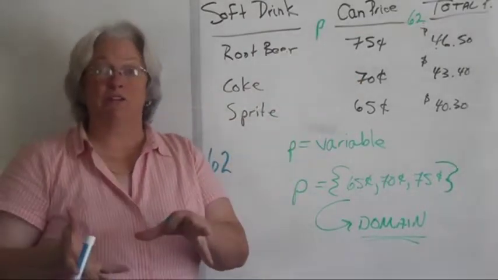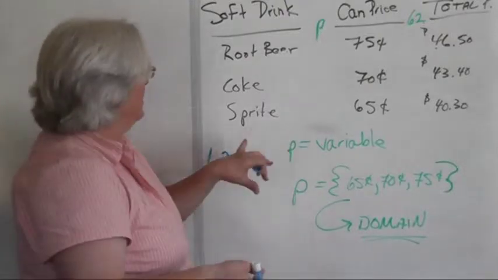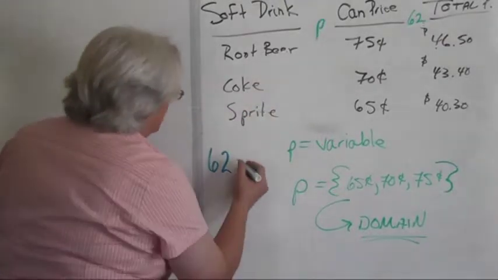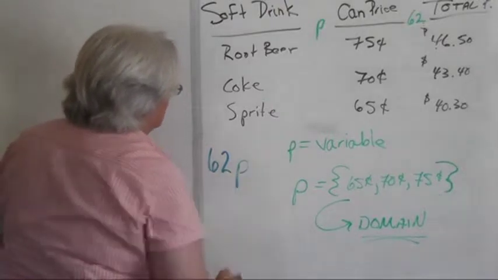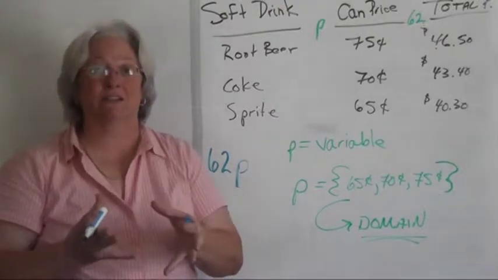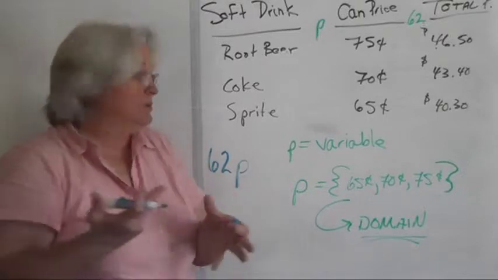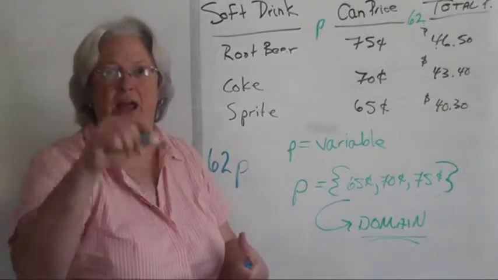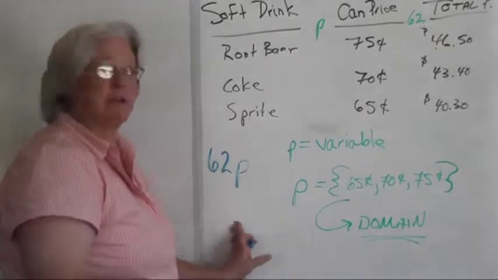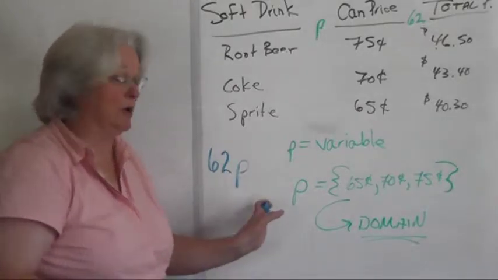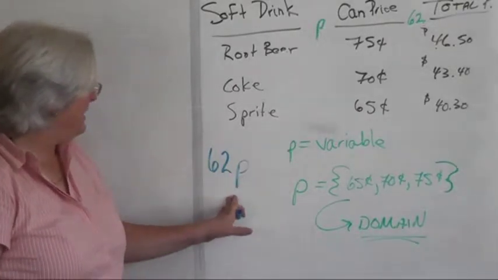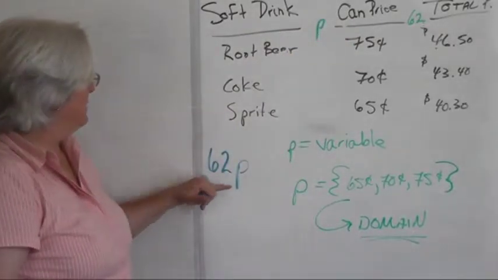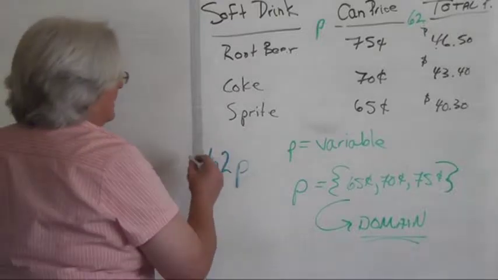But because the price of the cans can change, we're going to use this letter here, this variable, letter P. Usually we try and make the letter that we select have a meaning to it, or frequently we do. If you get lazy like me, I have it be X for everything. But here it makes sense that we would use P for our variable, because what we have is the price per can. So this right here is called an algebraic expression.